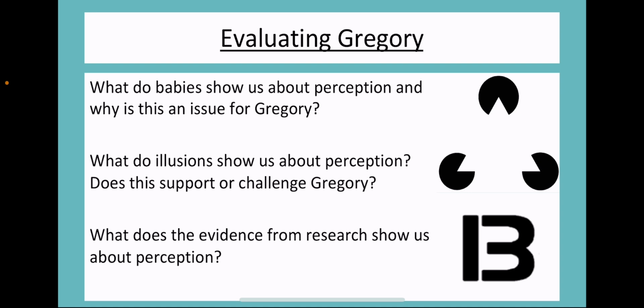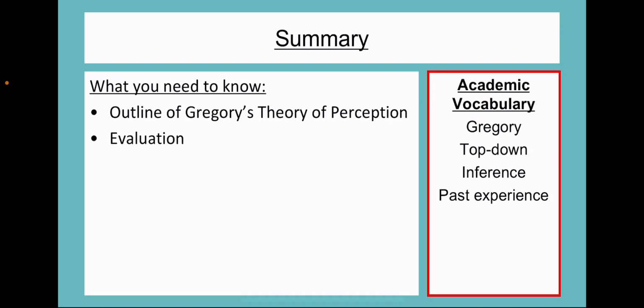So this shows that past experiences do affect what we perceive, and that supports Gregory. So Gregory is challenged by babies, which show that perception is innate, but supported by lots of illusions and lots of evidence, which shows that we do learn perception, and that perception is affected by our past experiences and our recent experiences.